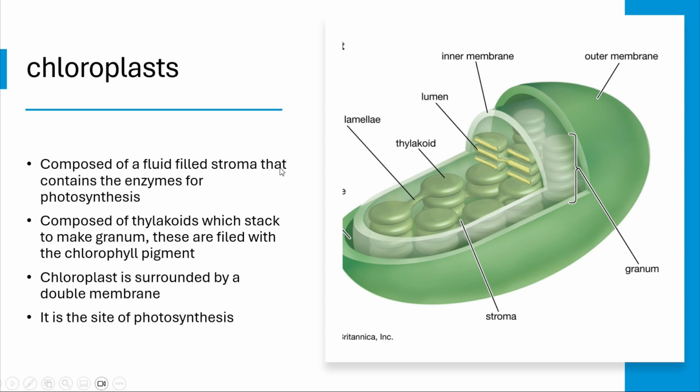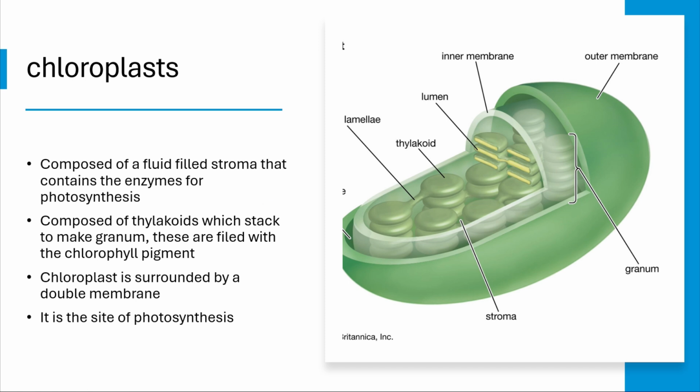Chloroplasts are composed of a fluid-filled stroma. This whole thing inside is called the stroma, and you have these thylakoids. When the thylakoids stack up, we call them the granum. The granum is all of that stacked together, whereas one of these is just a thylakoid.